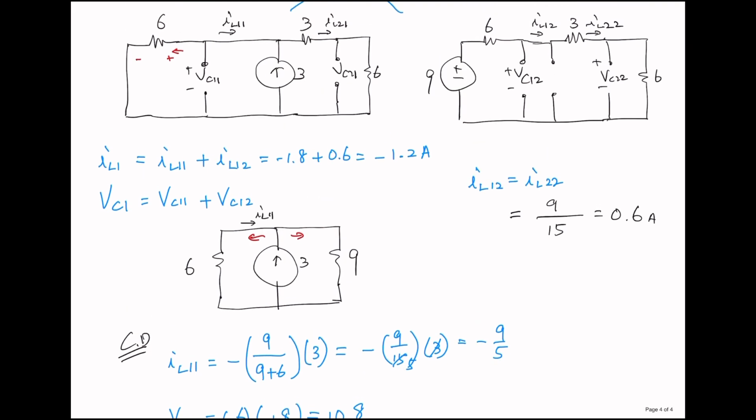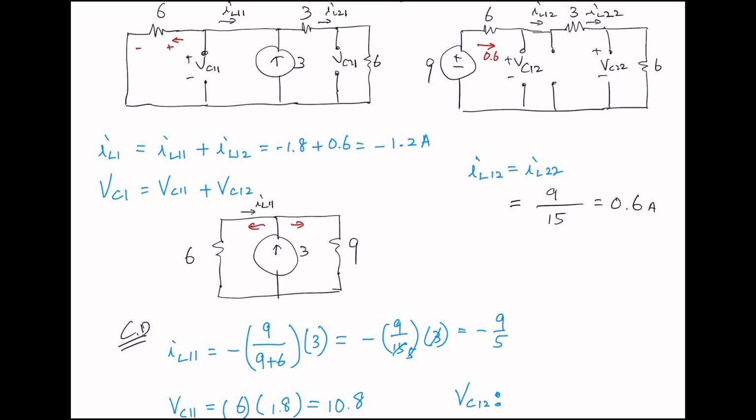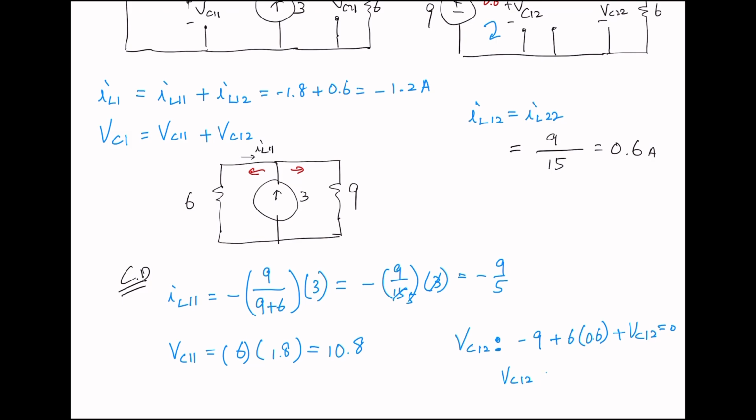And VC12 on the right side of the circuit, we know IL12 is going in that direction with 0.6. Therefore for VC12, we can do KVL right here: negative 9 plus 6 times 0.6 plus VC12. Then VC12 equals 5.4 volts. So when you plug it in here, VC11 10.8 plus VC12 5.4, the total is gonna be 16.2.